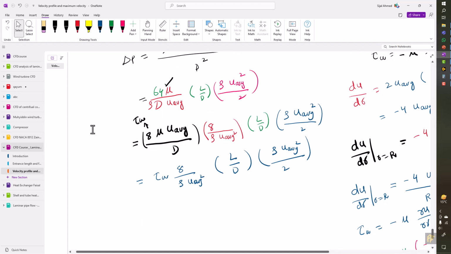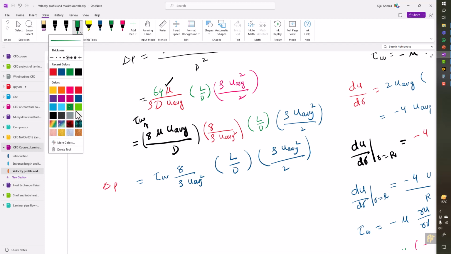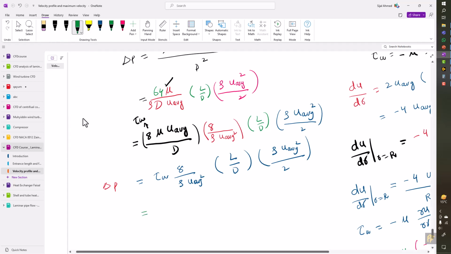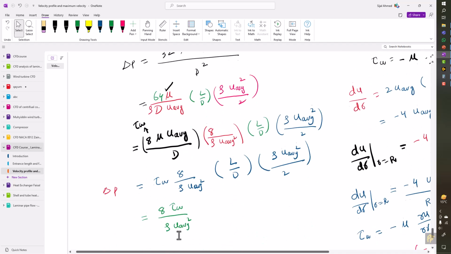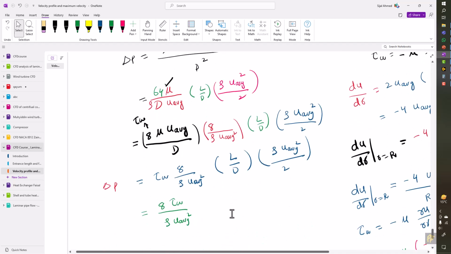Okay, so we can write down this thing as, this is the delta P. So we can write down this expression as 8 times the wall shear stress divided by density U average square. So you can see that we have this term, that is the 8 wall shear stress divided by rho U average square.